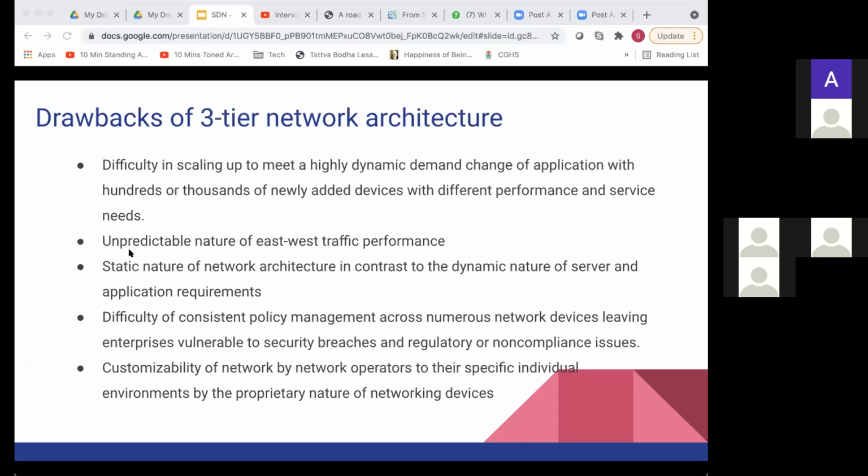Another issue was that since the three-tier architecture was optimized for north-south traffic, traffic within the data center itself sometimes had to go all the way to the core switch and back, which meant the latency was unpredictable. Sometimes it is a direct hop through the top-of-rack or access switch to the application very quickly, and sometimes it goes up all the way to the core switch and back.